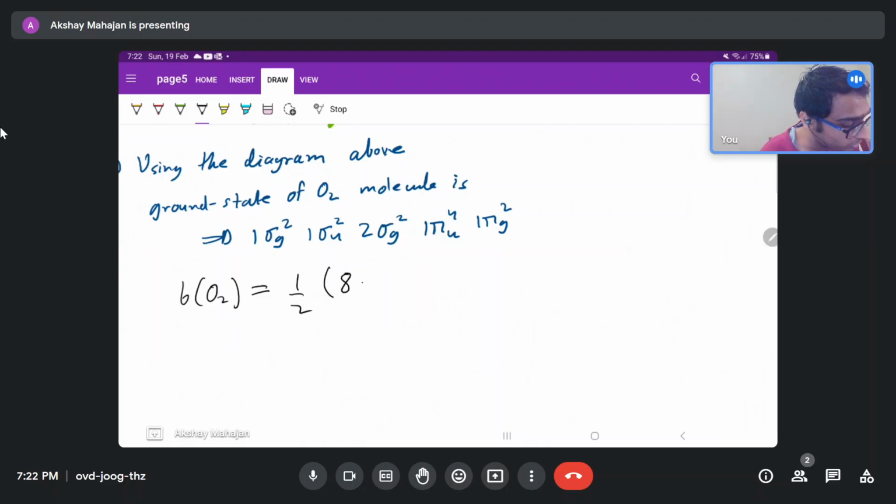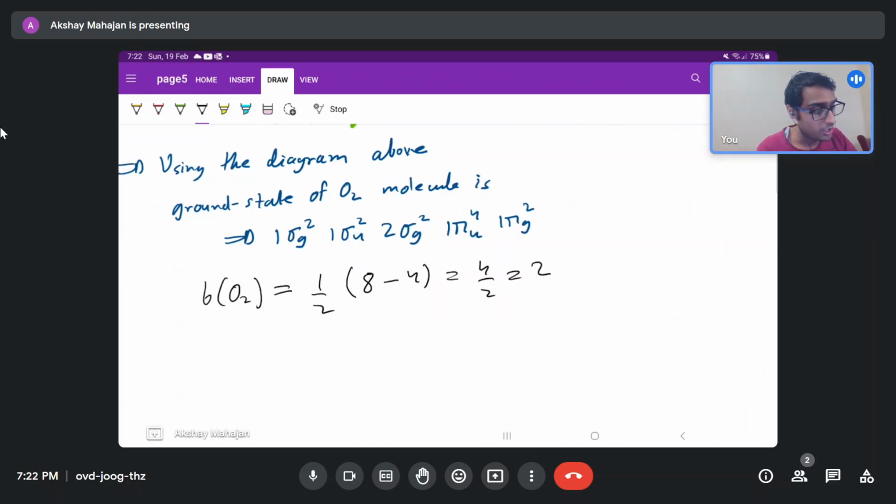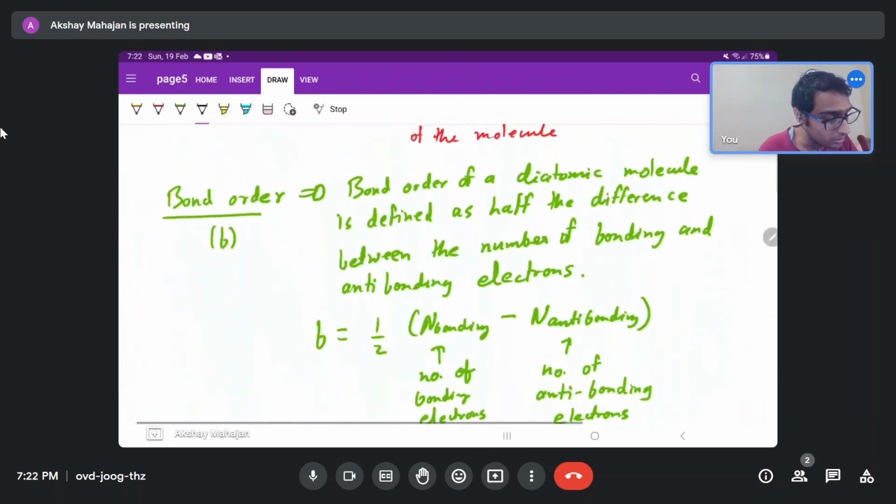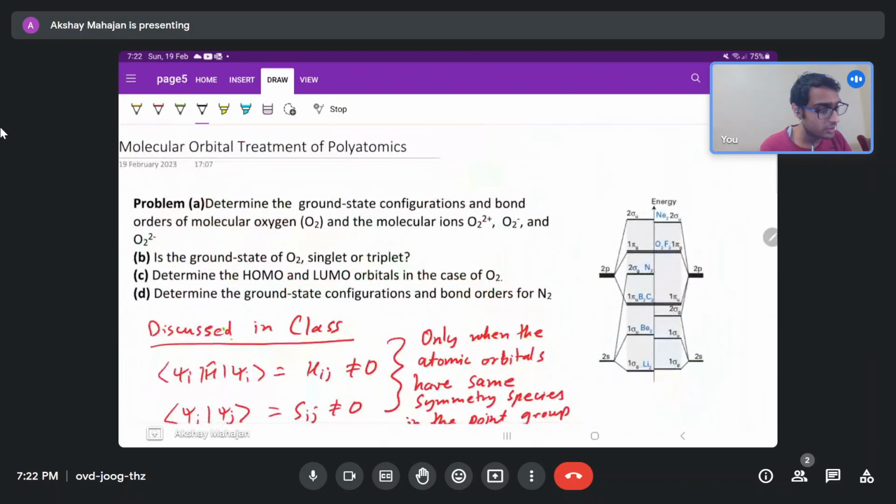We have 8 bonding electrons and 4 anti-bonding electrons, which gives a bond order of 2. And we know that O2 is a diatomic molecule, so a bond order of 2 gives us the idea that there are 2 bonds between the oxygen atoms.